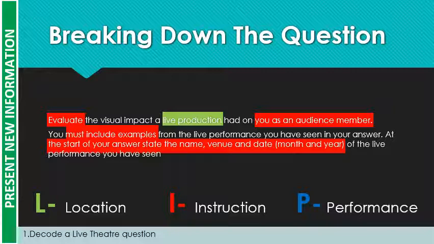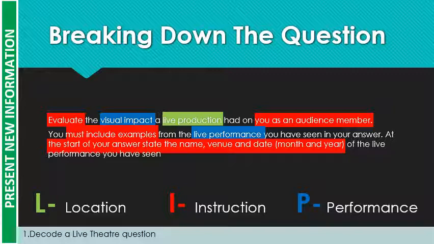It also says at the start of your answer, state the name, venue, date, month, and year of the performance you have seen. Now, although you haven't seen it in a venue and you didn't see it on a particular date, we're going to come back to that in a minute and I'll tell you what to do. Okay, so the last part is the performative element. Evaluate the visual impact.